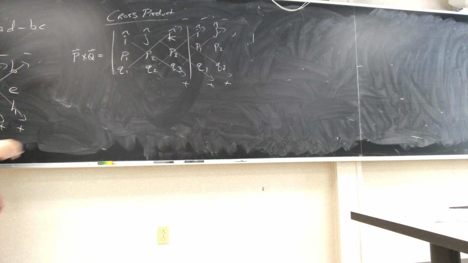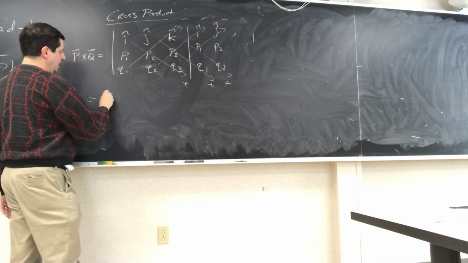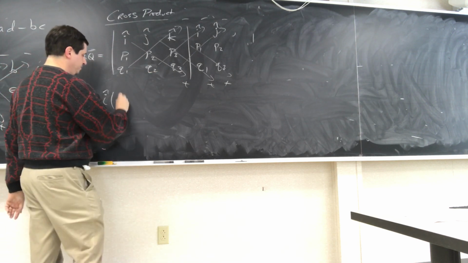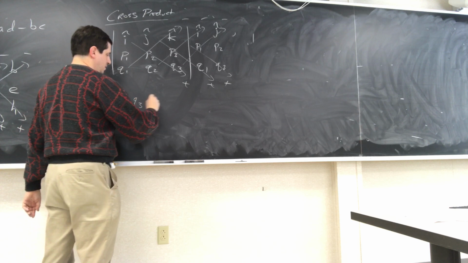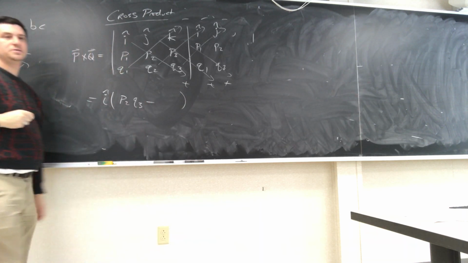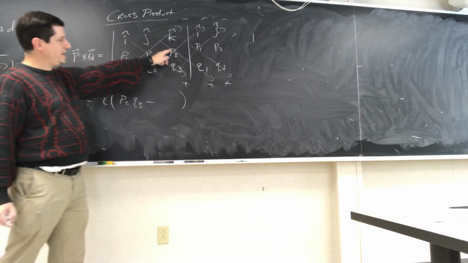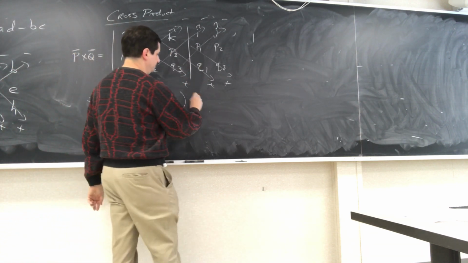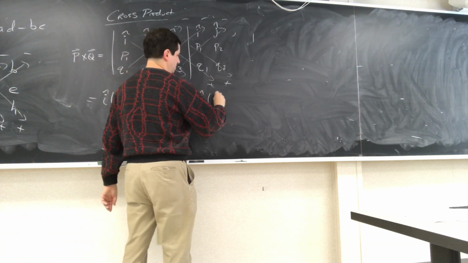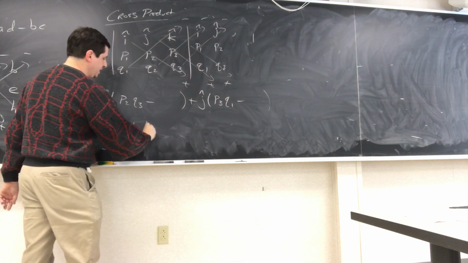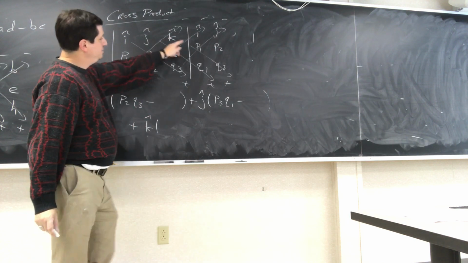And so when I go through things, I get that this equals i hat, and I'm going to have P2, q3, and I'm going to leave some space because I know what's coming later. The next one is I'm going to have j hat times P3, q1. And then the last one is going to be k hat times P1, q2.